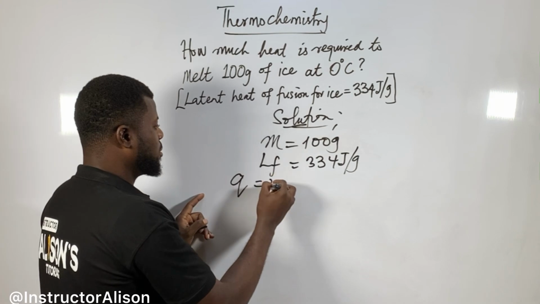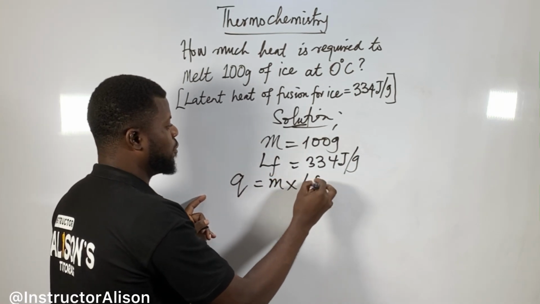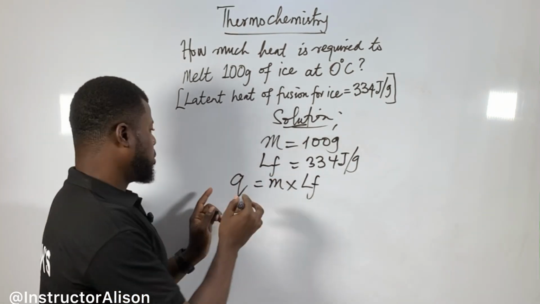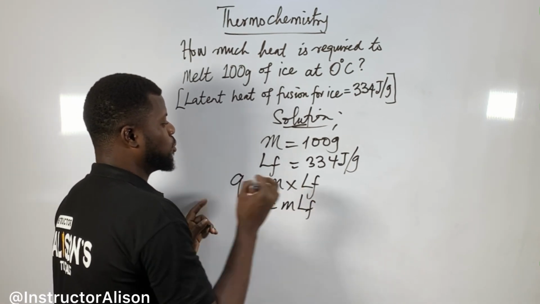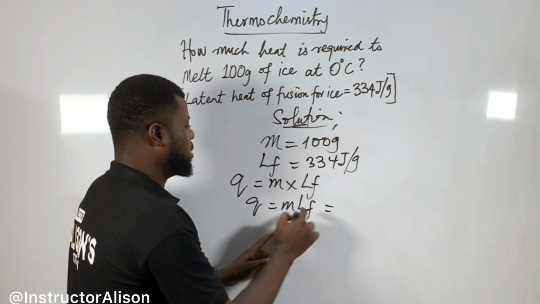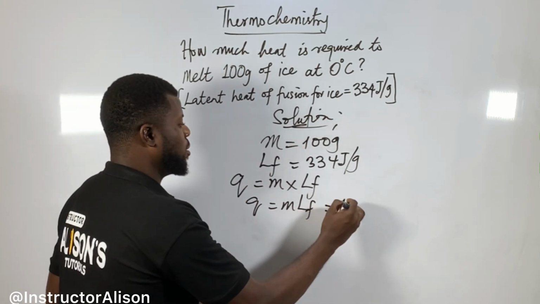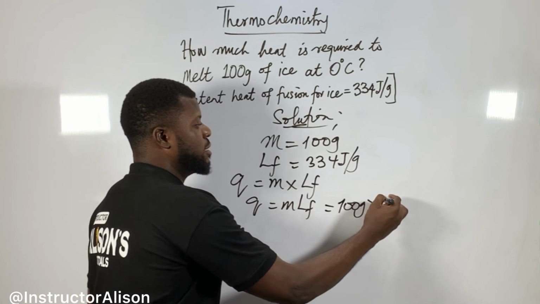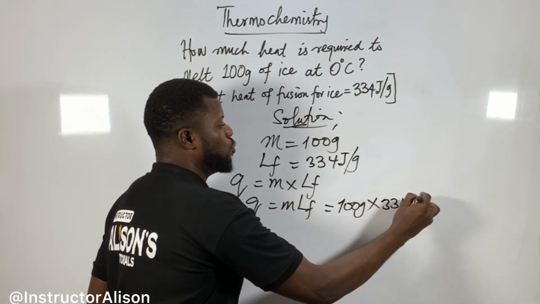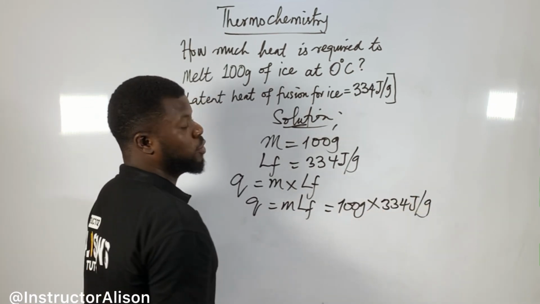So, mass times latent heat of fusion. That is the formula. Q, the quantity of heat, is equal to m times latent heat of fusion. It means the mass, given as 100 gram, times the latent heat of fusion, given as 334 joule per gram.